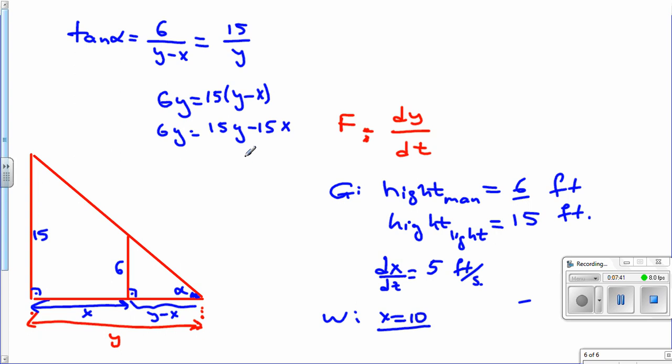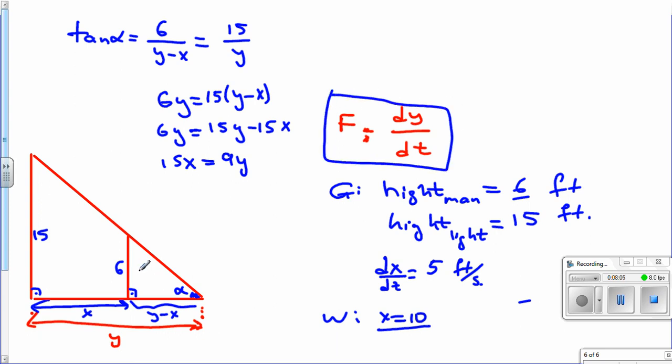Move like terms to one side, so 15x is going to be here. Let's collect y's on the other side of the equality sign, so on the right side we have 9y. What we are trying to do is find dy over dt, given the fact that dx over dt is 5 feet per second.